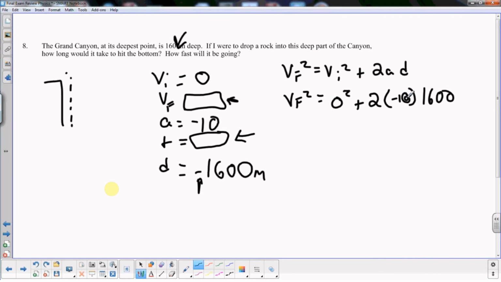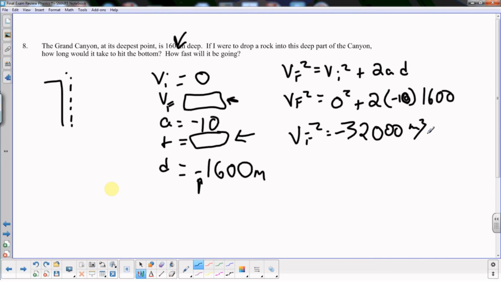So Vf squared equals 2 times -10 times 1,600, which is -32,000 meters squared per second squared.